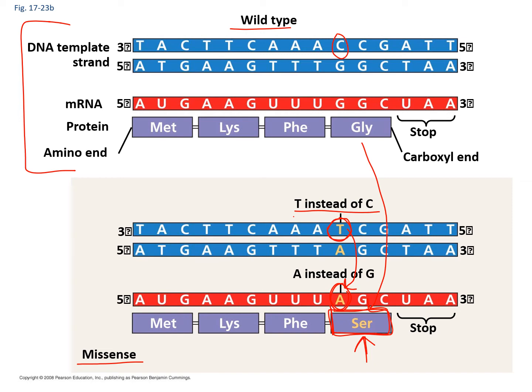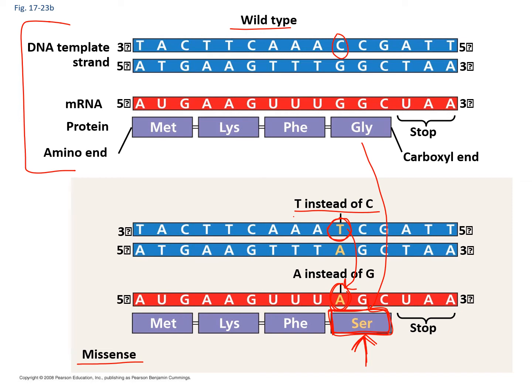So if this enzyme is no longer functional, the most likely effect is that it will be a lethal effect on the bacterium. The bacterium will not be able to survive. But on the other hand, if this amino acid is not an important amino acid for protein structure, then the bacterium may still have a functional protein, and this mutation will not have an effect on the function of the bacterium.